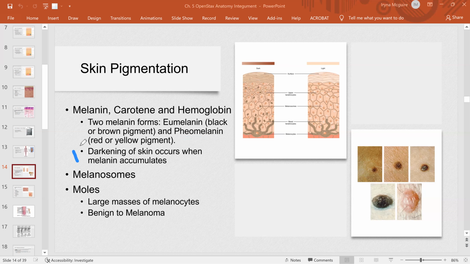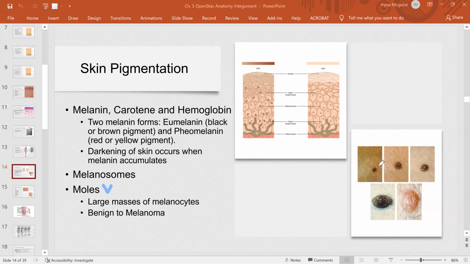So darkening of skin occurs when melanin accumulates, and it's secreted out of melanocytes in melanosomes. Now moles are large masses of melanocytes. For example, I have lots of moles.